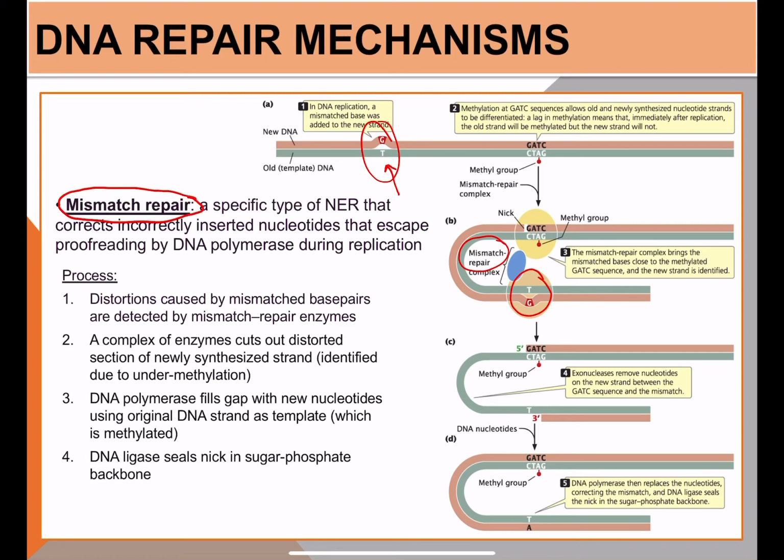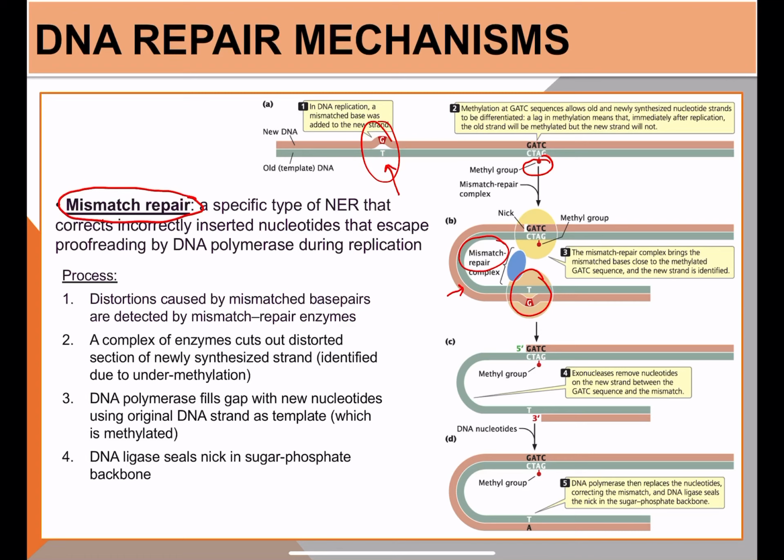Now, how your mismatch repair complex is able to distinguish the template strand from the newly synthesized strand is by looking for methylation. The old template strand is usually methylated, whereas the newly synthesized strand is non-methylated. So that's what your mismatch repair complex will try to look for: which strand has the methylation?